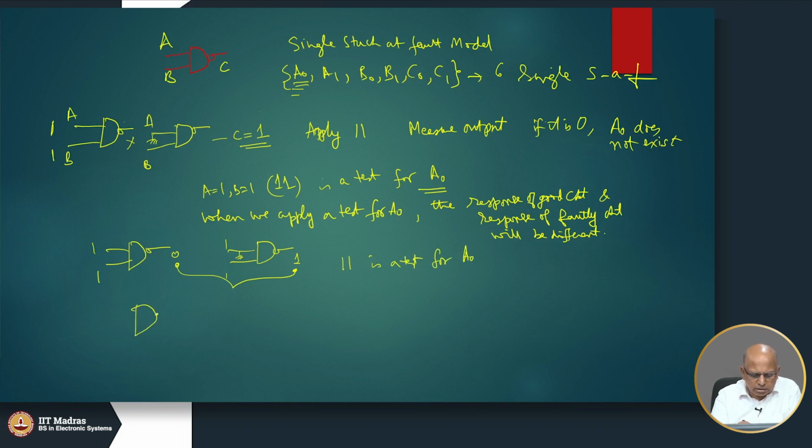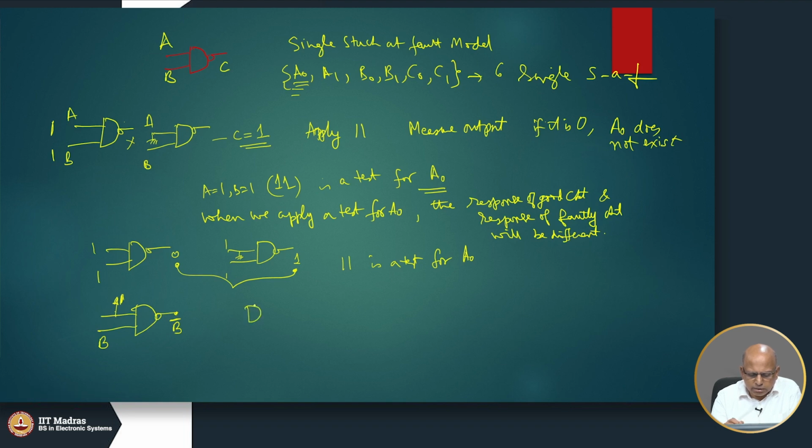Similarly, let us take this, let us say stuck at 1. This is B. If this is stuck at 1, what will happen to the output? The output will act as B bar, isn't it? If this is 1 and this is B, the output will act as B bar. It should act as A B bar, but A is 1, therefore it is acting as B bar.